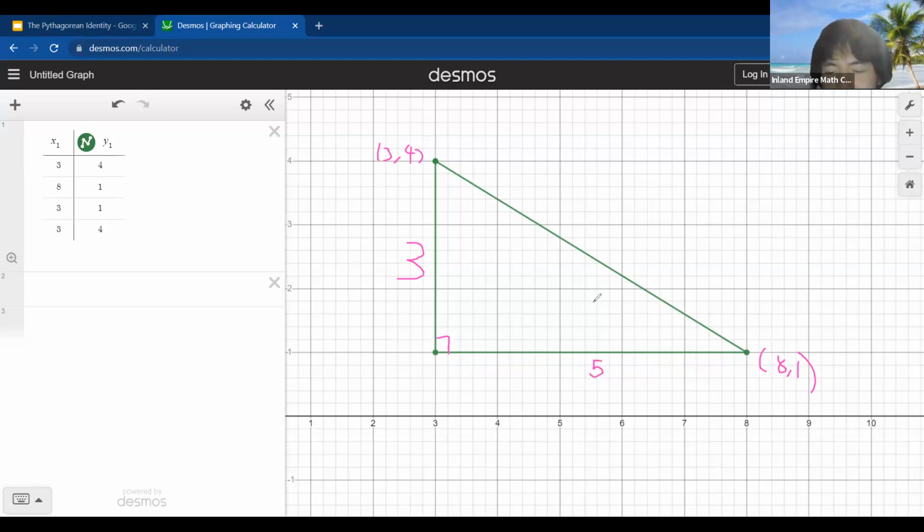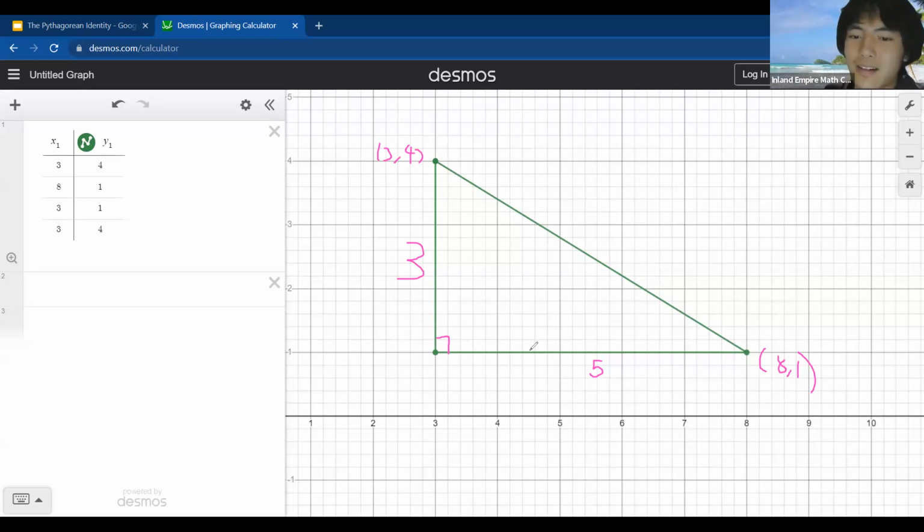So now, Jasper, how can we find the length of this segment here? What can we do to find this segment, Jasper? I'm not sure. Okay, it's okay.